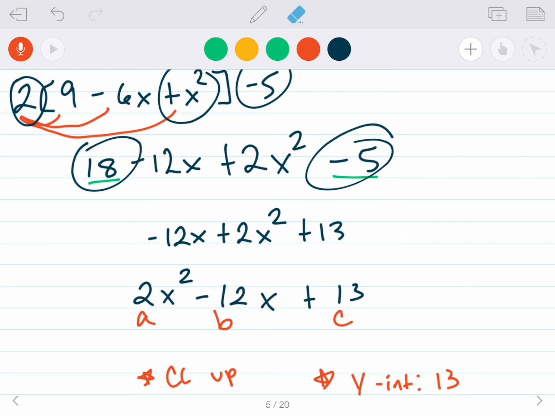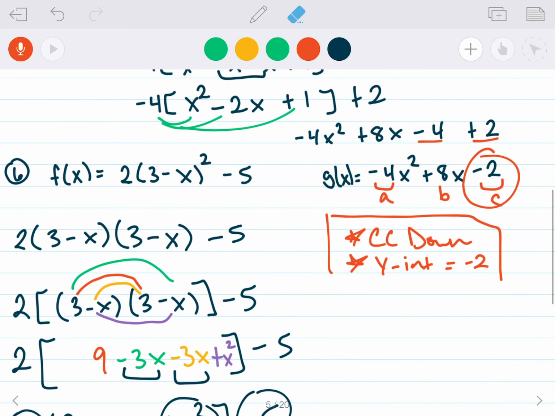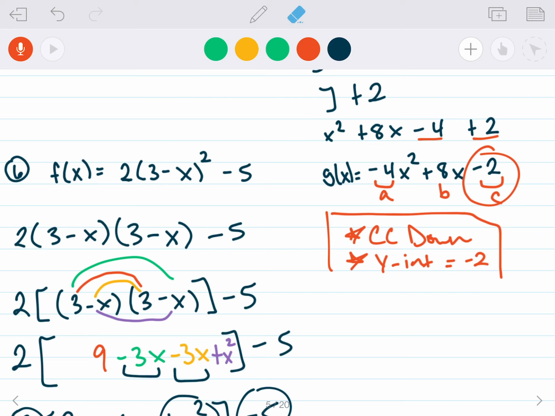Now I want to hammer this point home that a quadratic function is just a function. It's a special type of function. And what I want to do is ask you a question. I'm going to erase some things so I can do this off to the side.